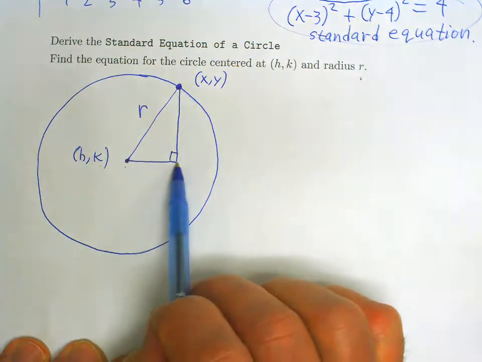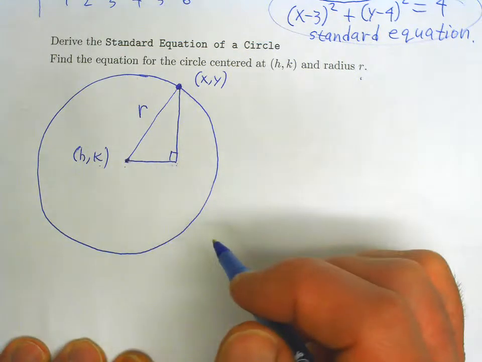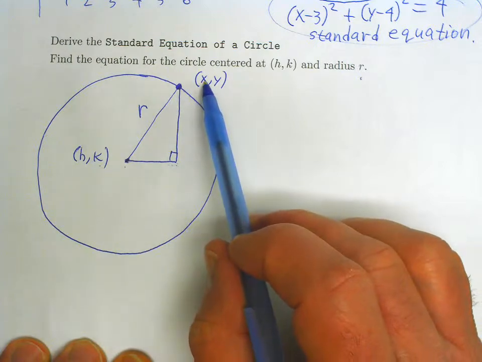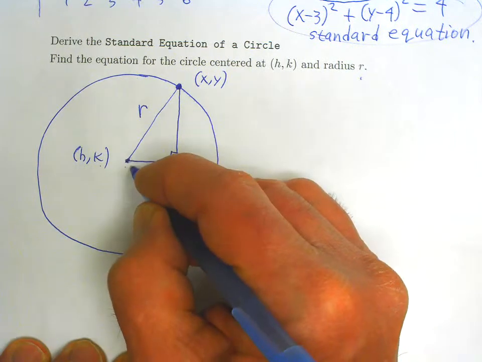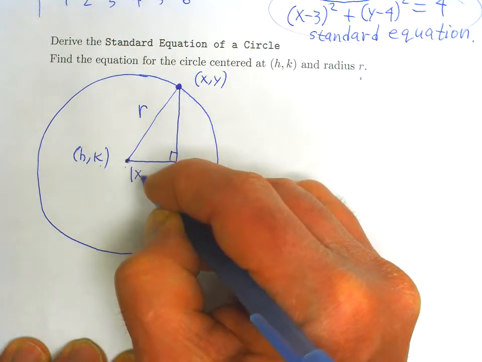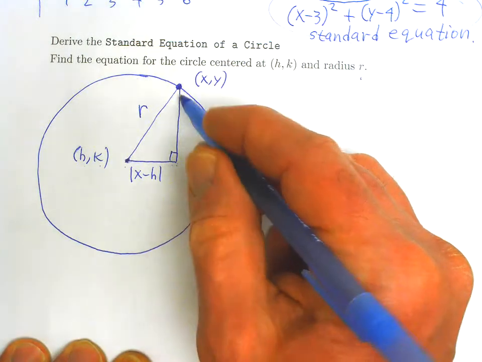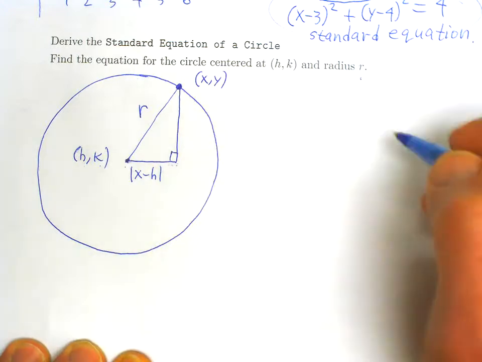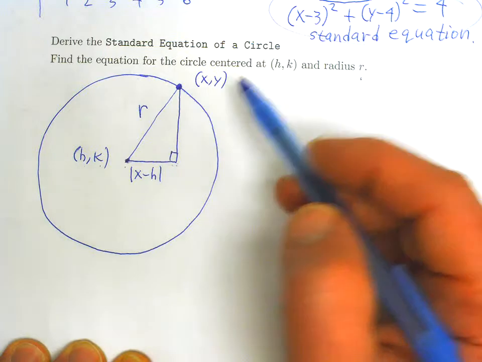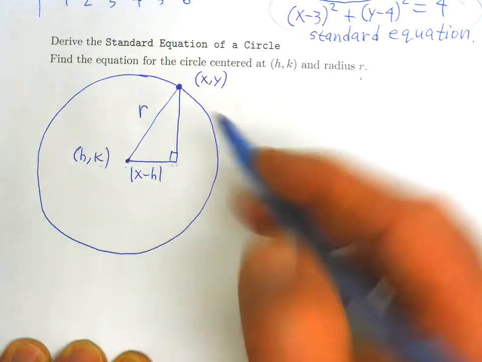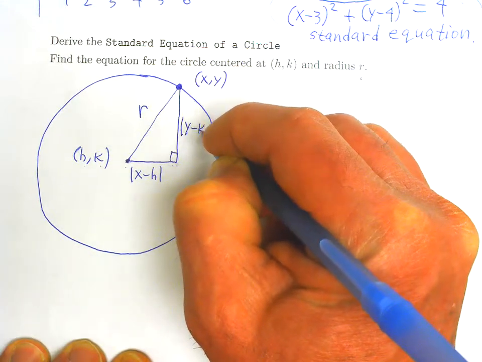The horizontal side of this right triangle is the absolute value of the difference in the x coordinates of this point on the circle and the center, so it's the absolute value of x minus h. And the vertical side of this right triangle is the absolute value of the difference of the y coordinates of the point (x, y) and the center, so this is the absolute value of y minus k.